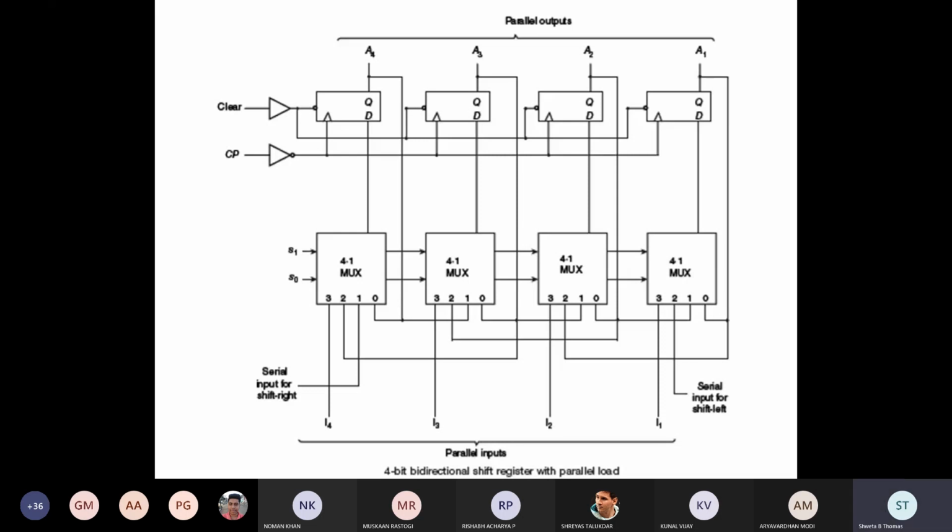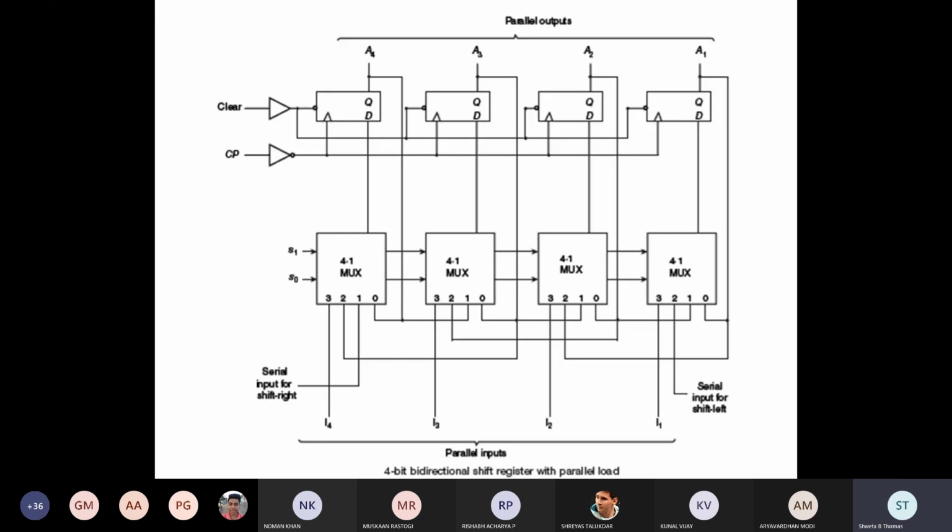Now the concept is that here the extra circuit, the lower part you can see, a multiplexer has been taken. So what is actually the purpose of taking the multiplexer? Here 4 terminals are there, 0, 1, 2, 3, and from these terminals the inputs are given, I1, I2, I3, I4. We have two selection lines, S0 and S1.